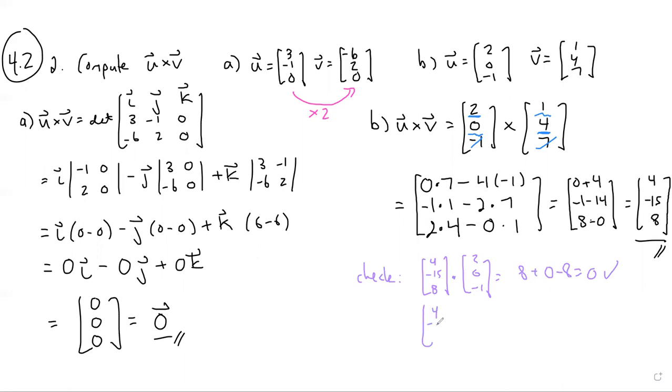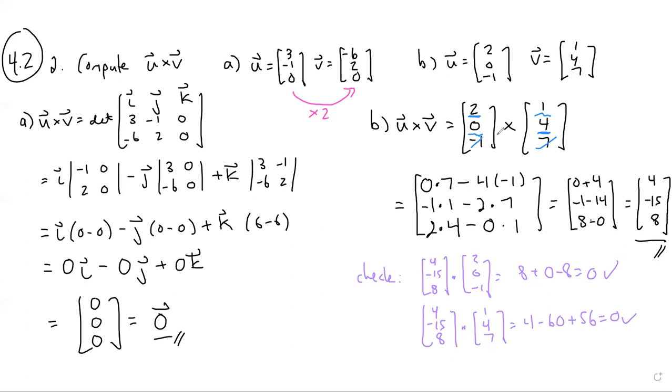And I can do the other one dotted with 1, 4, and 7. So I'm going to get 4 minus 60 plus 8 times 7 is 56. And that is 0. So this works. This is orthogonal to both, which means I have probably done this correctly without making any weird little mistakes.